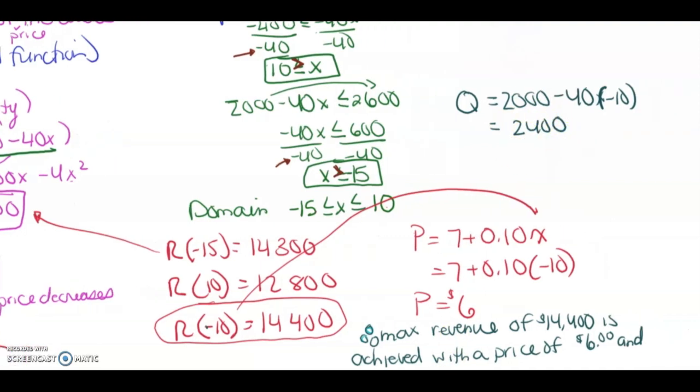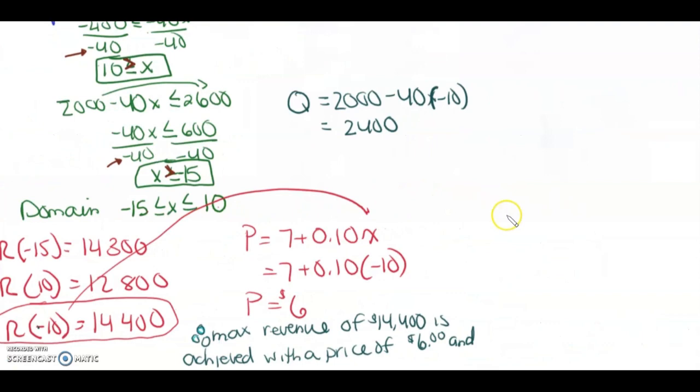So the max revenue of $14,400 is achieved with a price of $6 and 2,400 passengers. And this $6 is 10 price decreases.